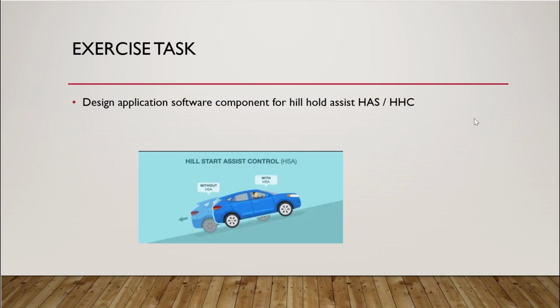So this hill hold control functionality will help you to hold the car for about 2 seconds. During this time, you can move your leg from the brake pedal to the accelerator and apply the accelerator, and then you can easily move your vehicle without sliding backwards. This is the functionality available in the brake control module.